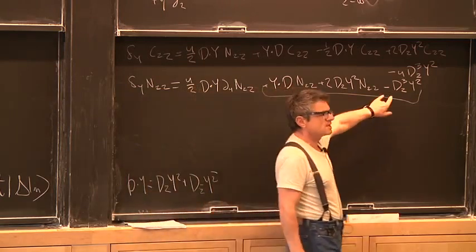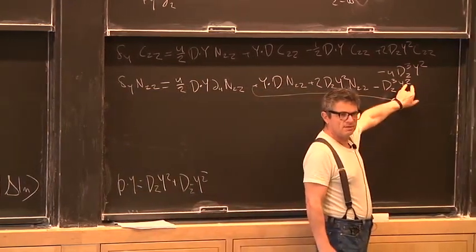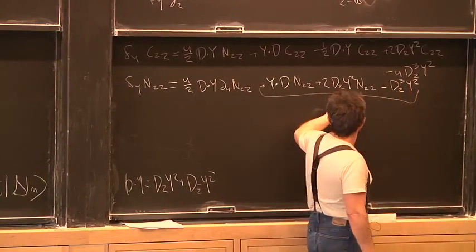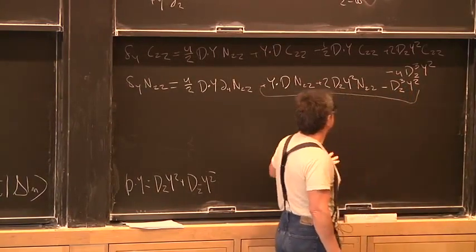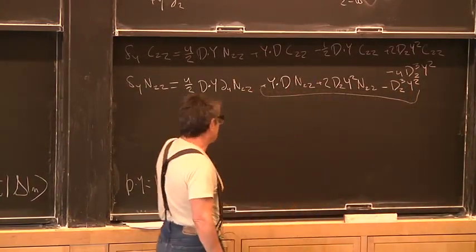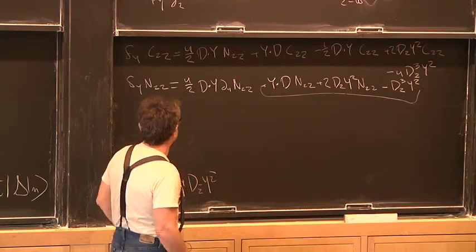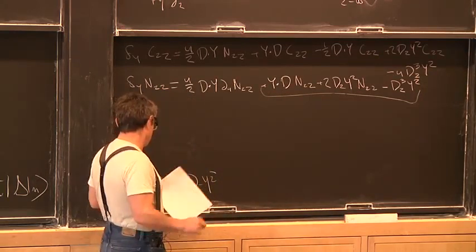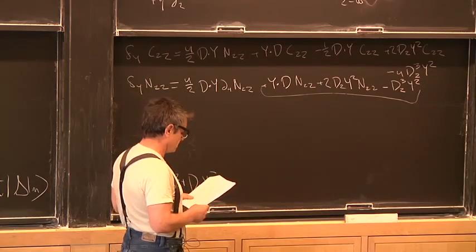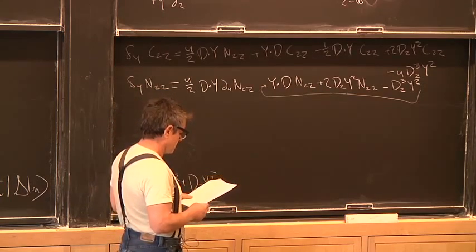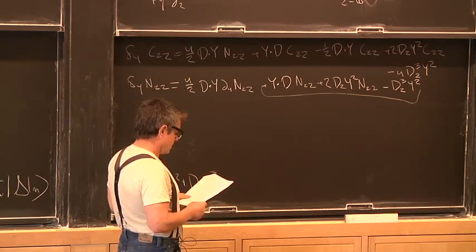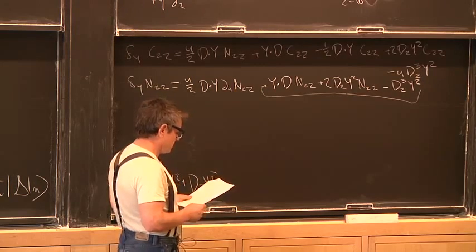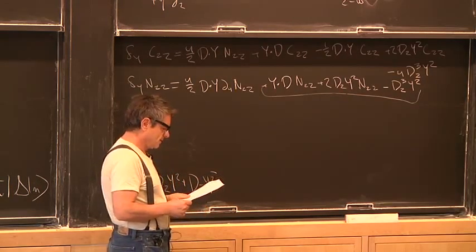This is the linearization of the Schwarzian. So some mode of N is going to be related to the stress tensor.